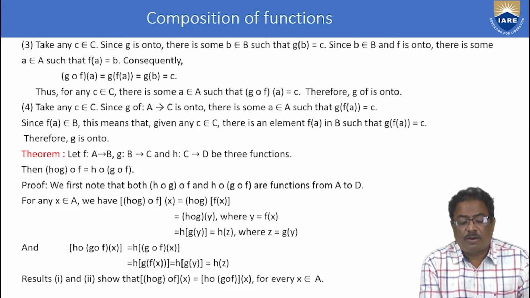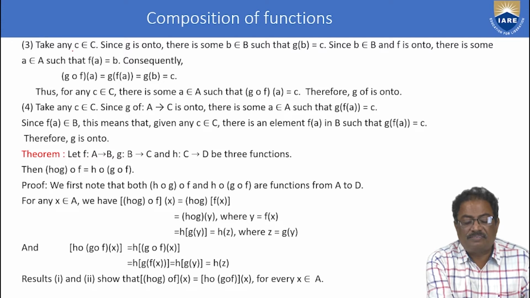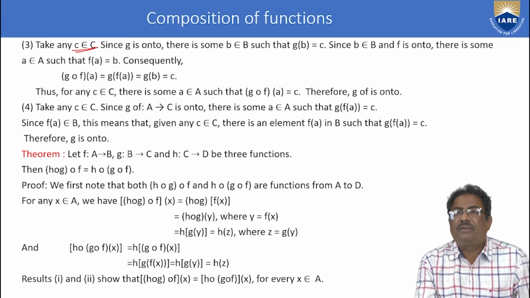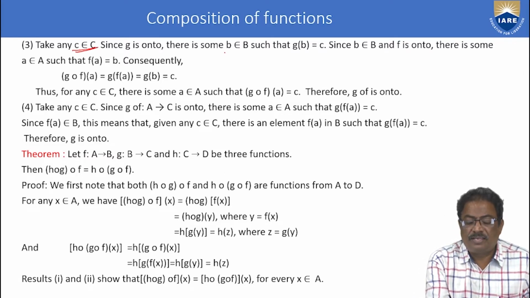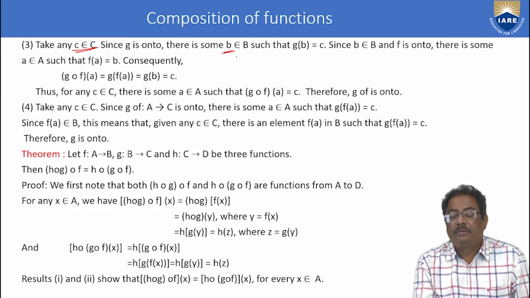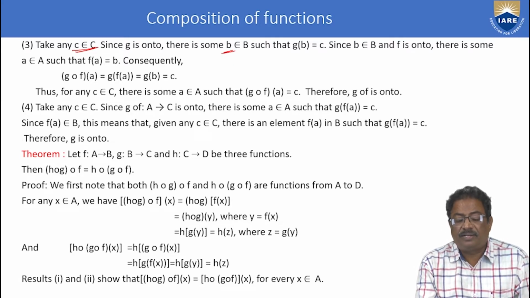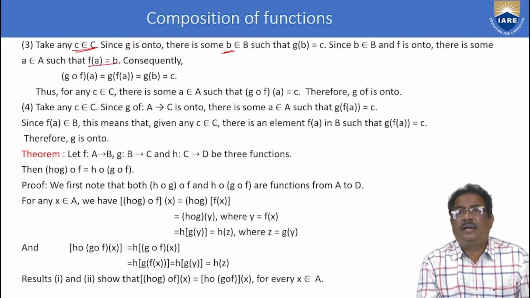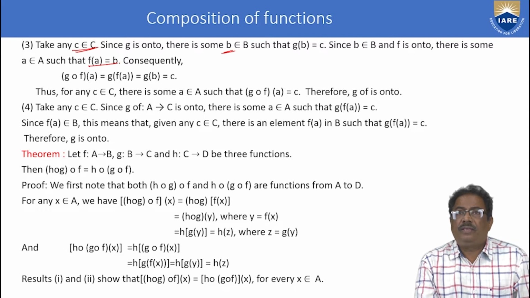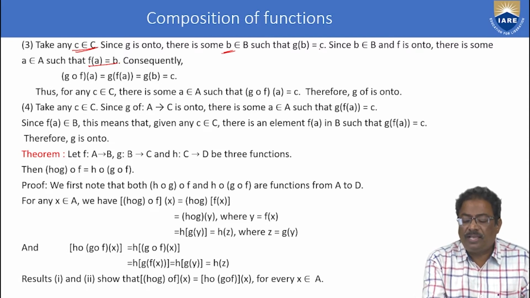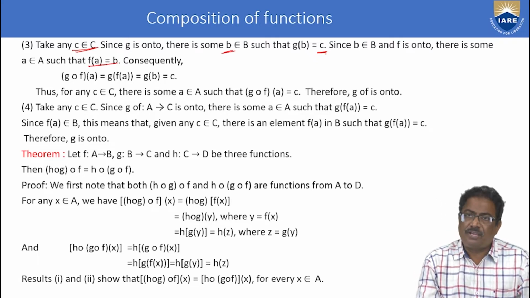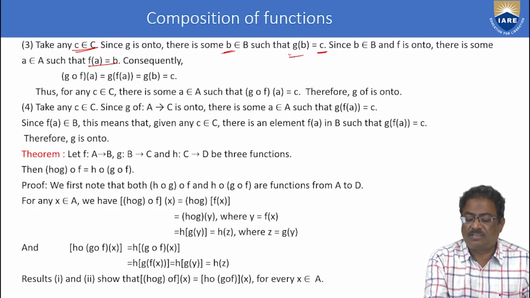So for that, we have to consider one element, let us say c belongs to C. And since it is given already that f and g both are onto functions, if I take any b from B, then it is having a pre-image. Let that be under f, so f of a is equal to b. And similarly, c, if I consider in the set C, then it is having a pre-image under g because g is also onto.